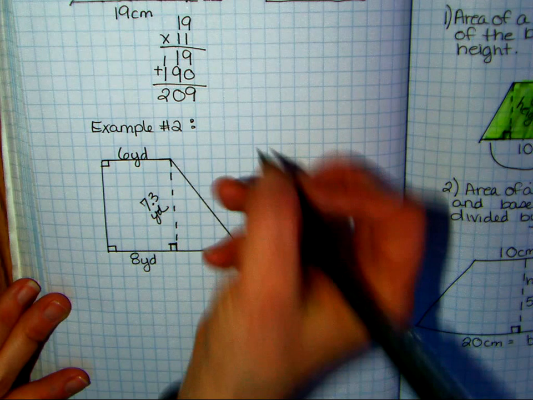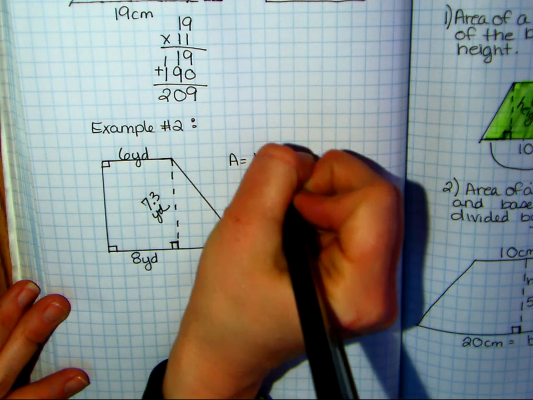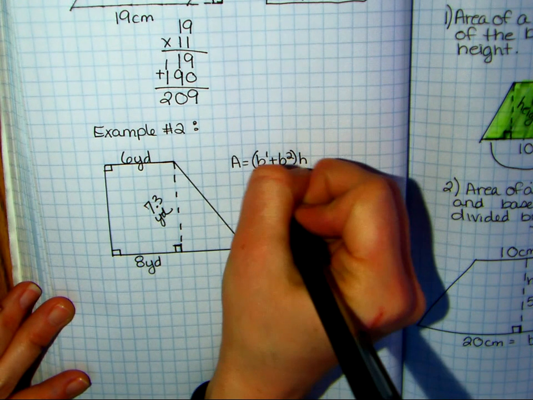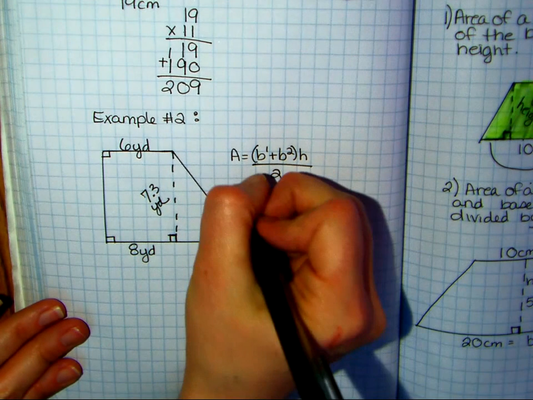And now we're going to use our formula, which is base 1 plus base 2 times the height divided by 2.